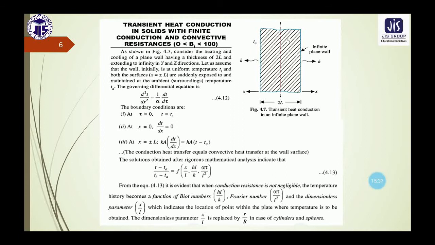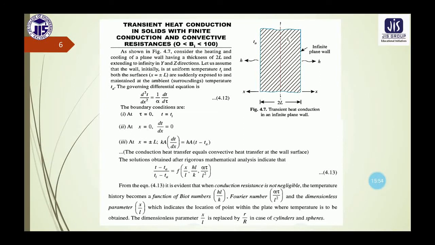Now in the given diagram, the transient heat conduction in an infinite plane wall is shown. Here we need to consider the heating and cooling of a plane wall having a thickness of 2L.